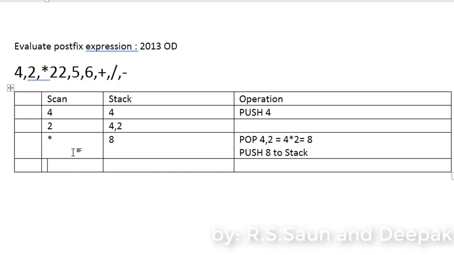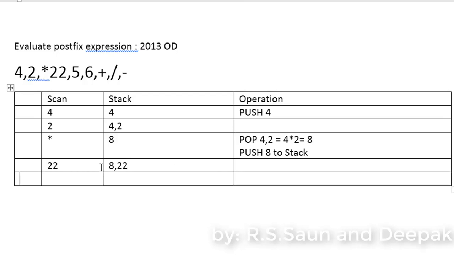Then we scan 22, and it makes our status 22 because it is an operand. Whenever an operand is encountered, you simply push that operand to the stack, so you can write push 22.